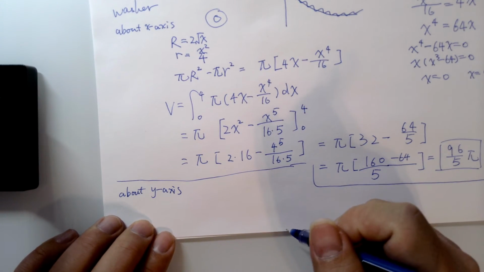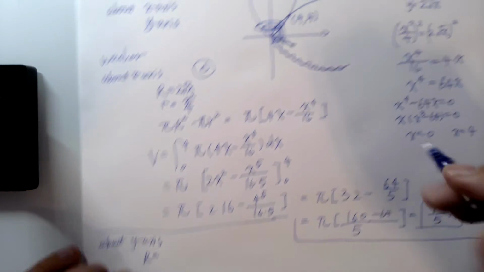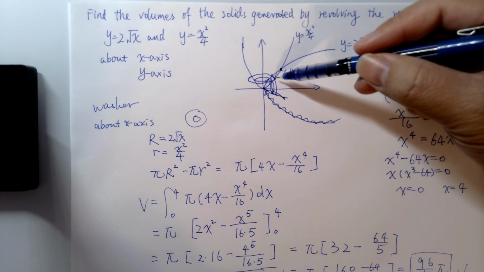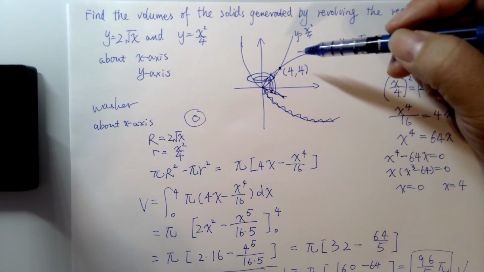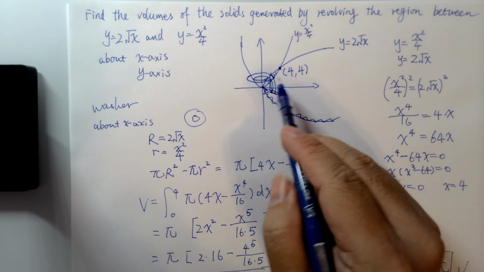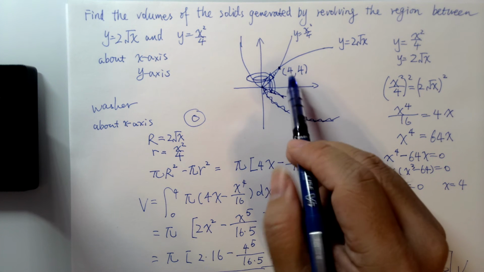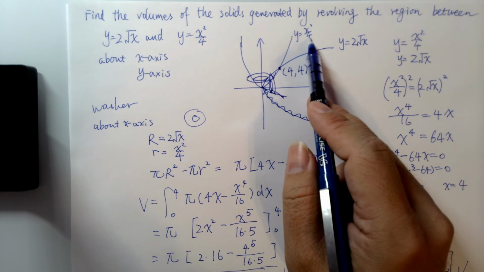So the capital R, differently from revolving about the x-axis, you need to solve the capital radius in terms of y. So since you can see that this time the outer radius here is going to be y equals x squared over 4 here.